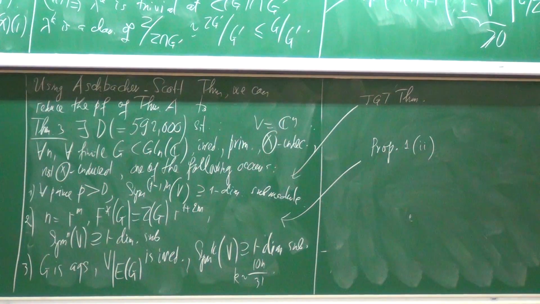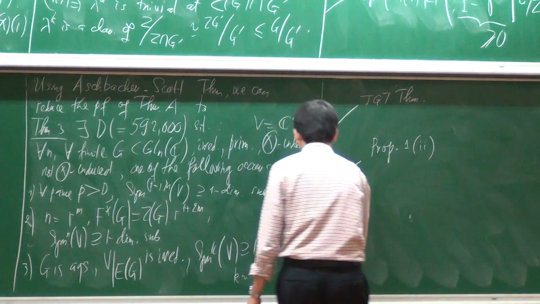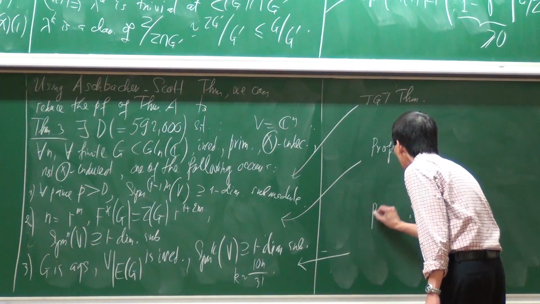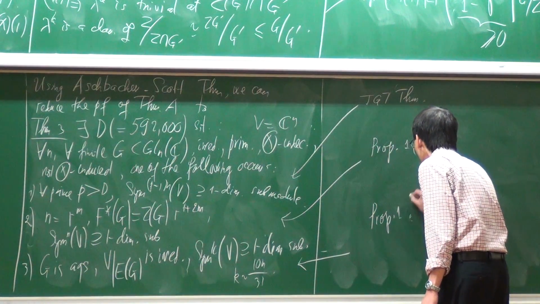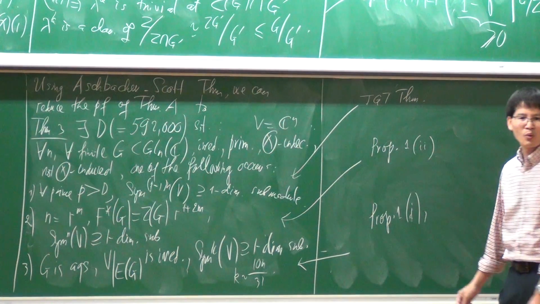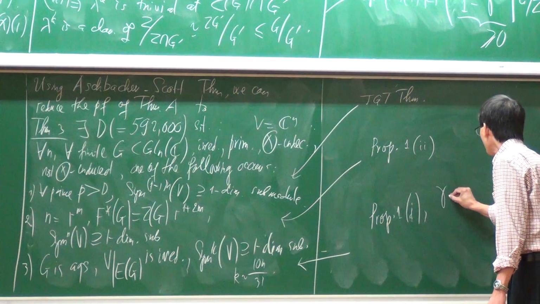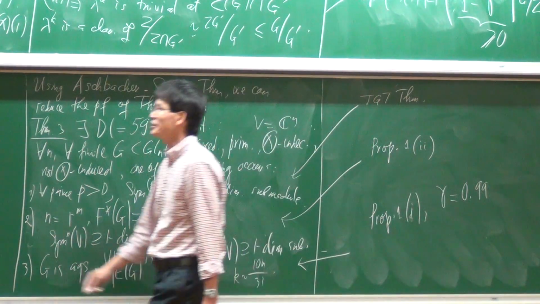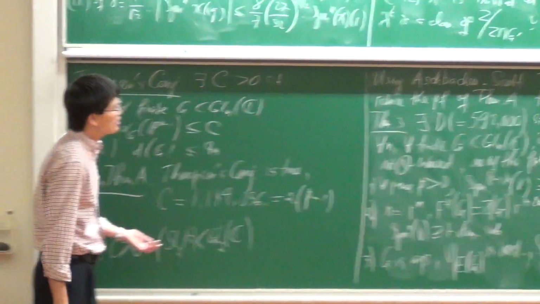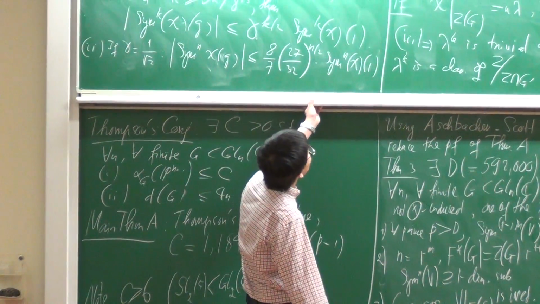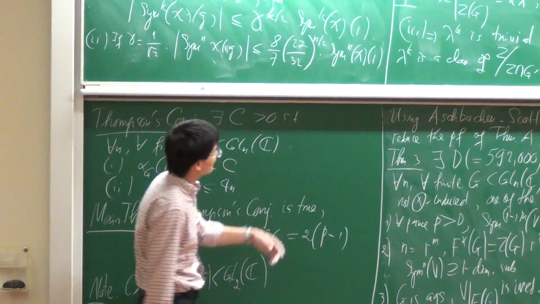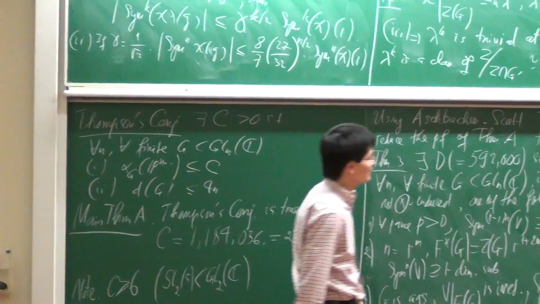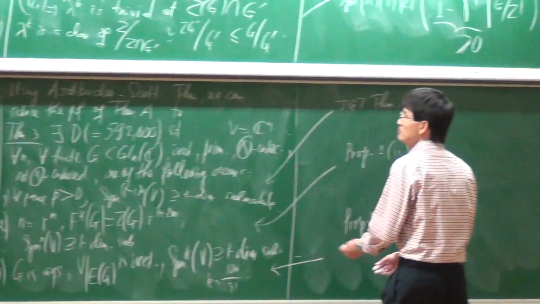And for the third case, I want to use the proposition 1 in the first case, where gamma is 0.99. So gamma is something less than 1, very close to 1, but the main thing is still less than 1. So where does this 0.99 come from?